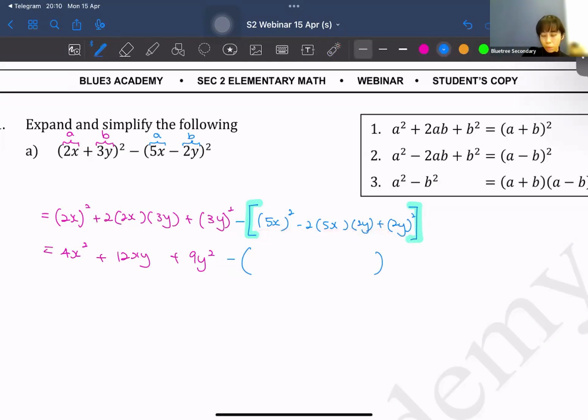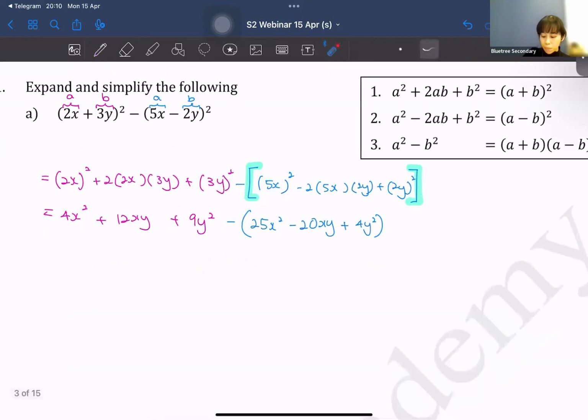So I do the expansion one by one to avoid any careless mistakes. From here, then I'm going to expand out this negative to the entire bracket on the right.